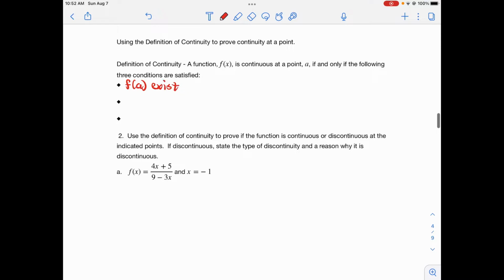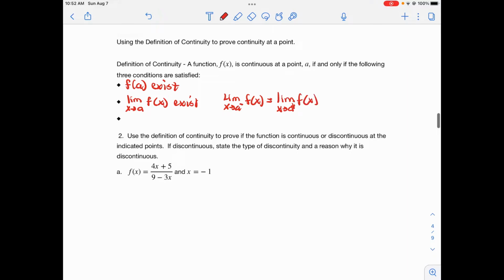So the function value exists at the given point a that we're looking at. The second one is that the limit as x approaches a of f of x has to exist. And usually to figure that out, we'll have to look at the limit as x approaches a from the left needs to be the same as the limit as x approaches a from the right.